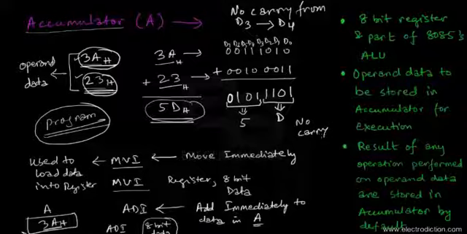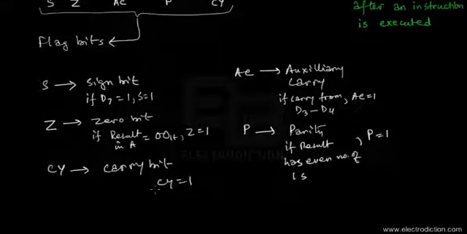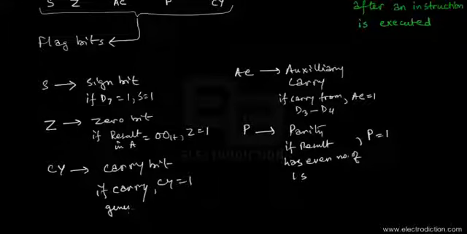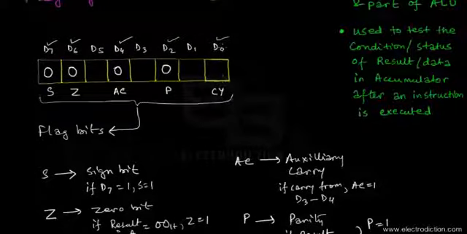CY will be equal to 1 if a carry is generated. Our addition doesn't generate any carry as such, so once again bit position D0 of the flag register, the carry bit, also remains at logic 0 voltage level.